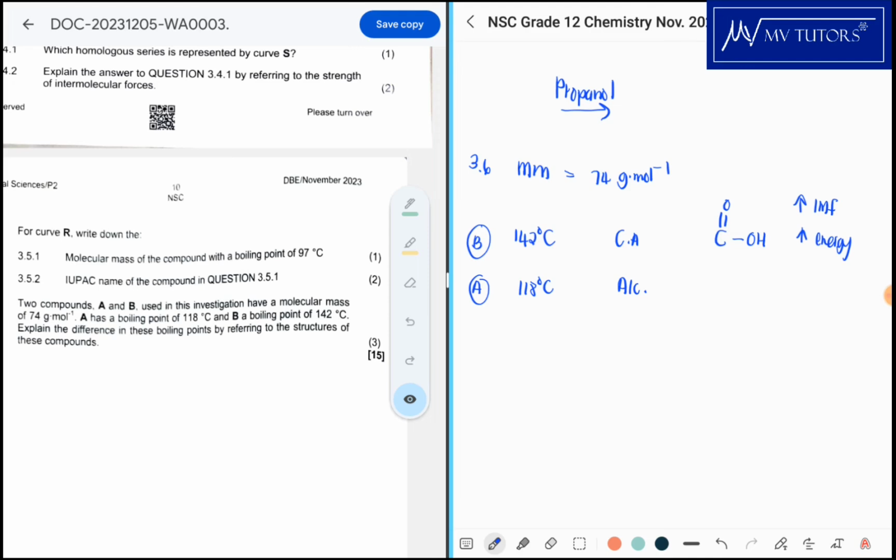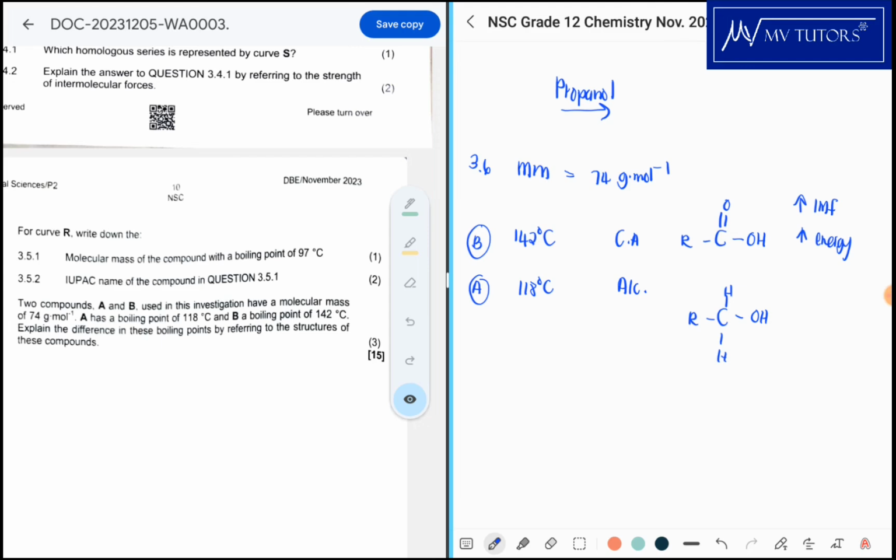And then your alcohol basically has the hydroxyl group on it. It also has high intermolecular forces, but they are lower than the carboxylic acid. We also need high energy, but that energy is lower than the carboxylic acid. So that is the difference, and that's why we have a difference in the boiling points.